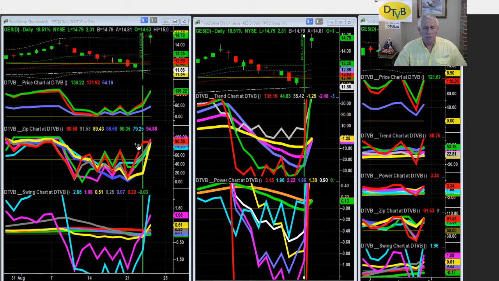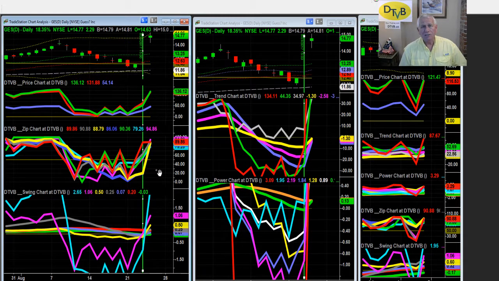So if you look at the day before, zip red being at 49, and now on this day with the vertical green line, zip red is at 89. The zip red line has jumped 40 points. And anytime you get a really strong zip gray line movement like that, it's just a signal.